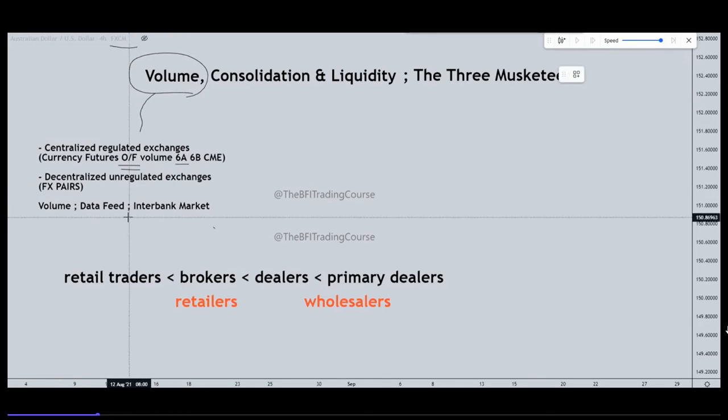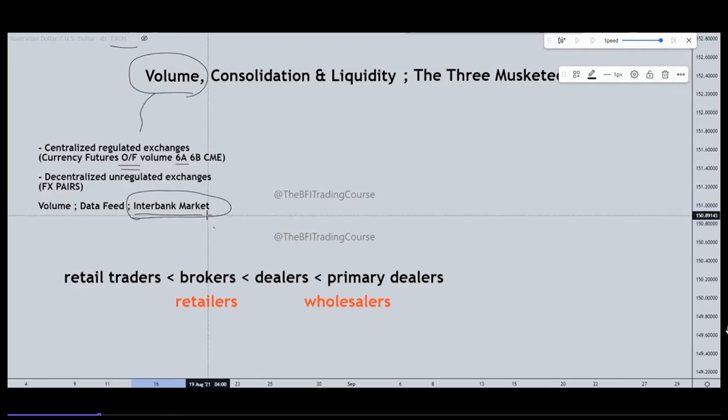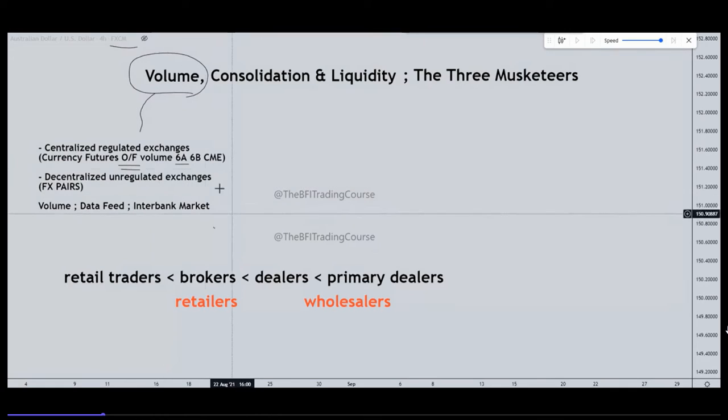But most of it is not the IB market. Most of how the banks operate, you're not going to find it on TradingView.